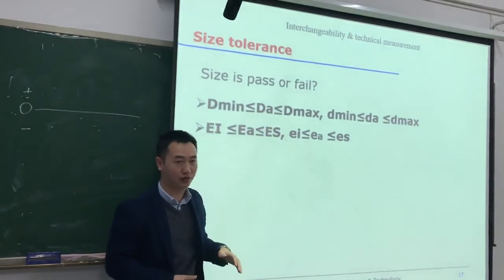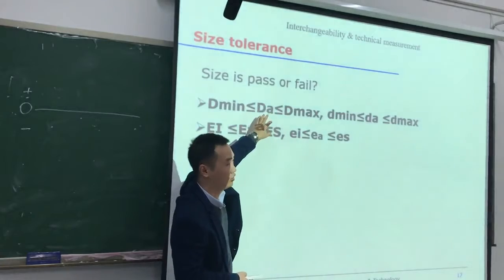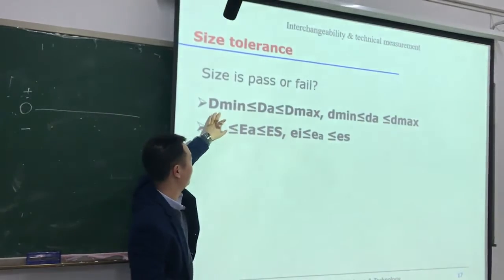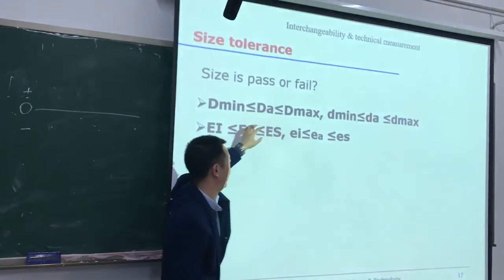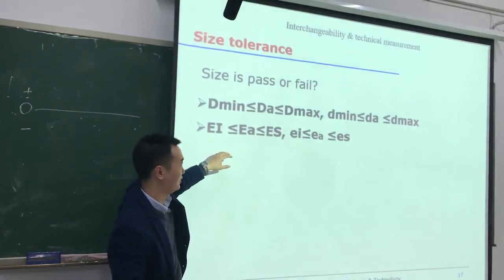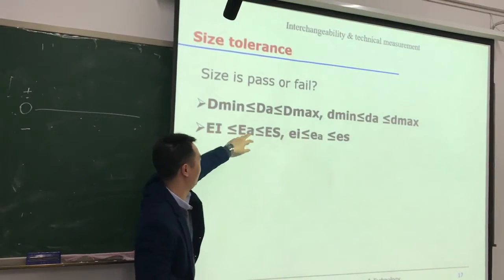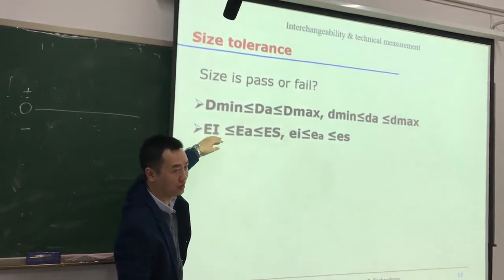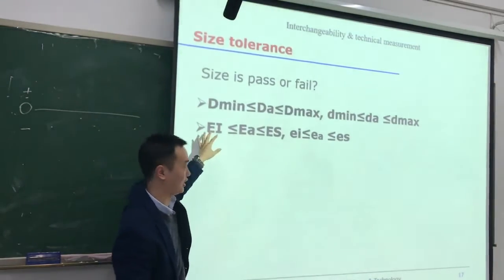When we manufacture a hole or a shaft, its actual size must be within the two limits, the minimum size and the maximum size. If you use the size minus the basic size, you get the deviation. The actual deviation is in the range of the lower deviation to the upper deviation. That's what we learned in the last hour.